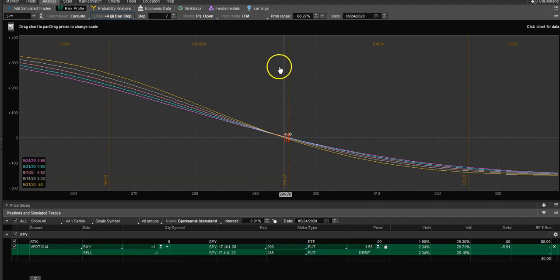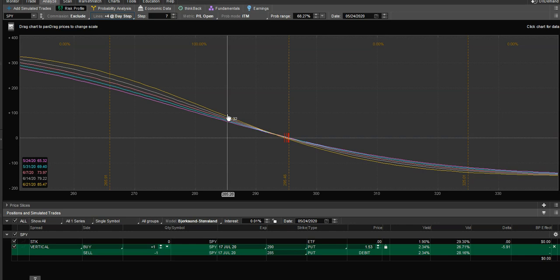So if we're looking for 285, which is going to be about right here, we could look over here and see what the price would be. If we bought the spread for $1.53, and price drops 10 points to 285, well, on 5/31, we'll say the trade should make about $69 worth of profit.